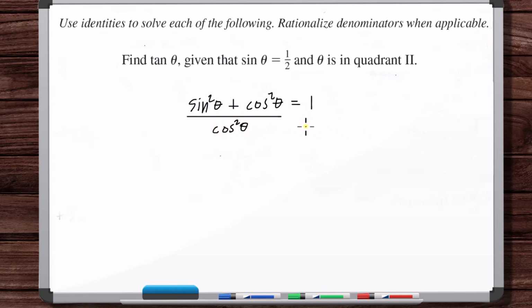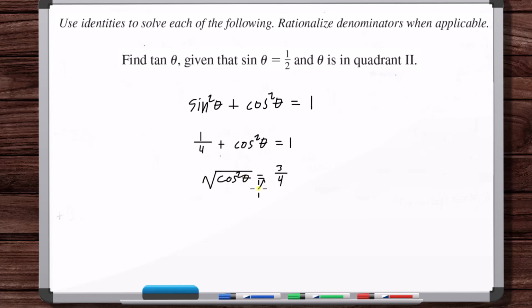Sine squared theta is 1/4. 1 minus 1/4 is 3/4. So cosine theta is plus or minus root 3 over 2.